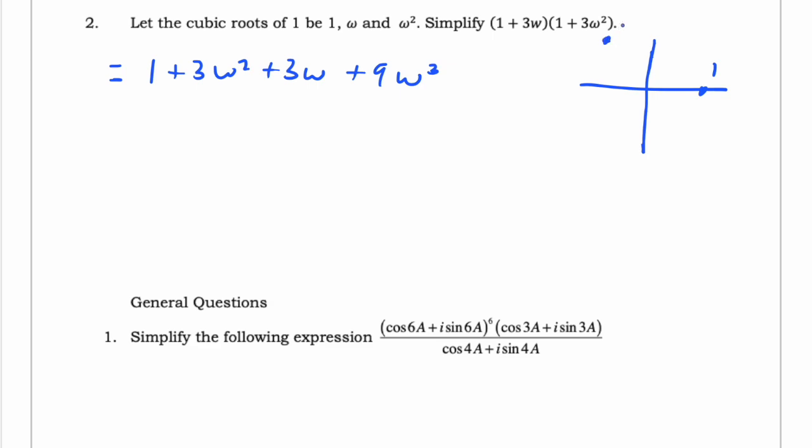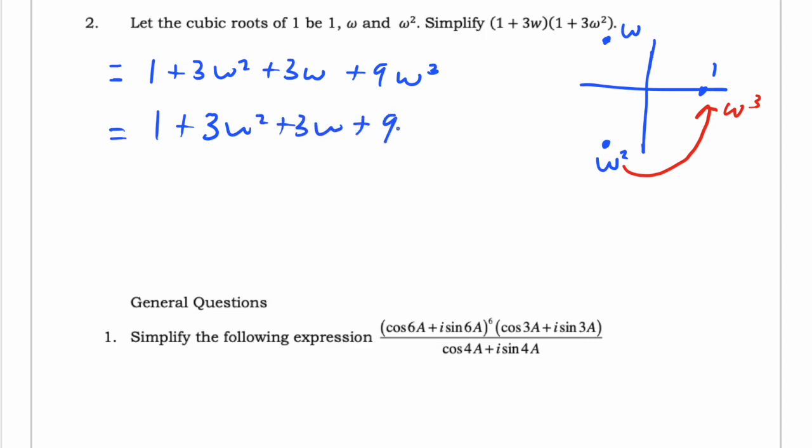There's 1, there's omega, and there's omega squared. If we do omega cubed, we're just rotating another 2 pi over 3 radians. So omega cubed gets over here, and this is omega 4, omega 5, omega 6, and so forth. But it's a cube root of unity, so we know omega cubed equals 1. So this is going to be 1 plus 3 omega squared plus 3 omega plus 9 times 1, just 9, right?